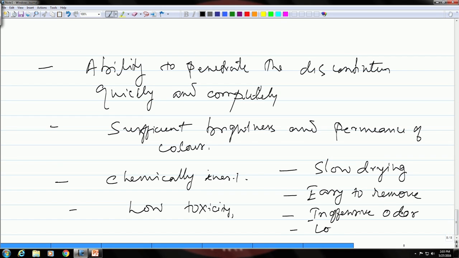And for the sake of economics, it should be low cost. And so, these are the primary requirements for a liquid to be used as a penetrant in this method.